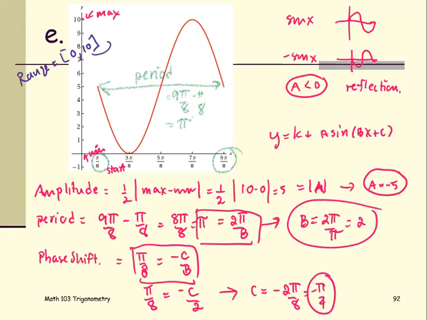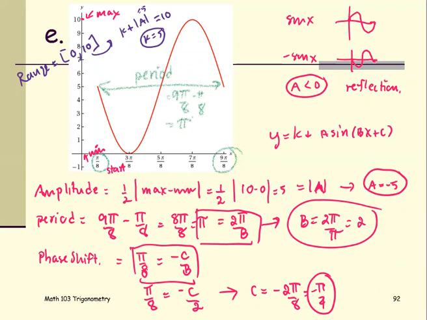And the 10 here is the k plus the absolute value of the A. Since k plus the absolute value of A equals 10, and the absolute value of A is 5, then k equals 5. Now we've got the vertical shift 5. That means the graph is shifted upwards 5 units.